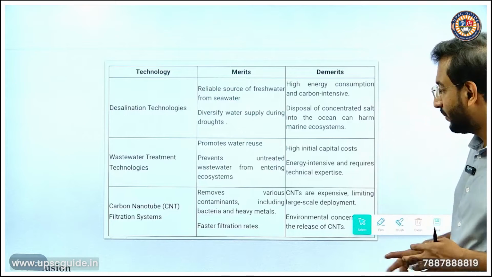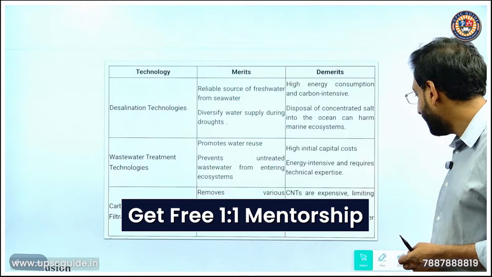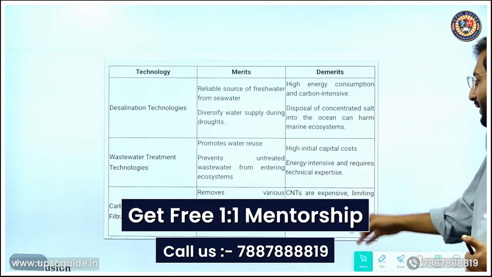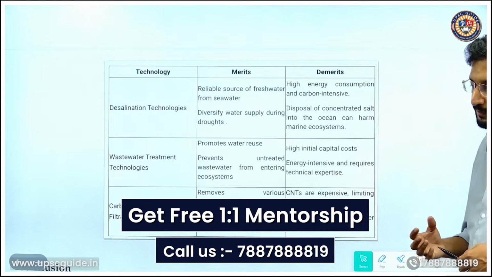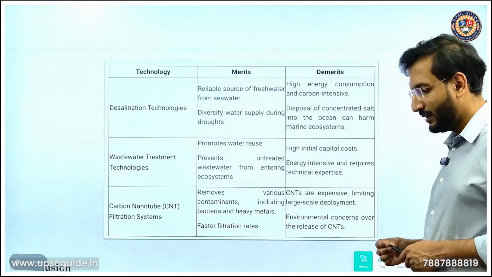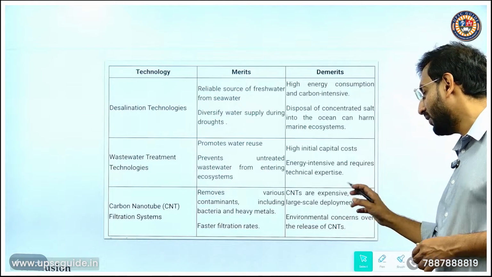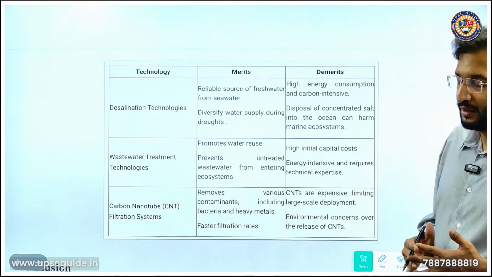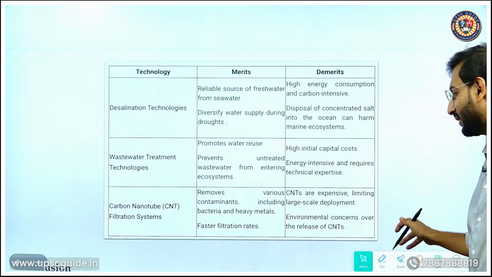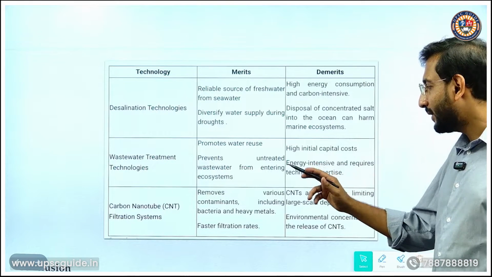Okay, so what would be the demerits? That it is expensive and limits large scale deployment. Yes, large scale deployment experiments have not yet been carried out, and it is a very costly affair. Okay, these are expensive things, as well as carbon is involved.